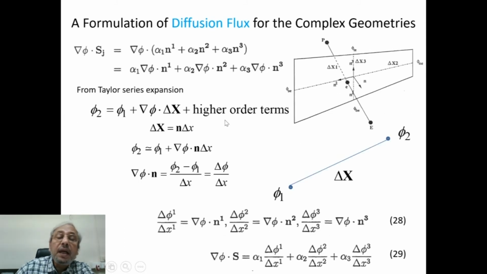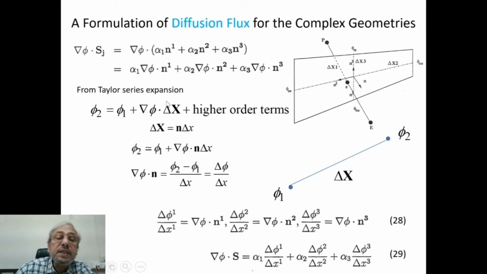And then as we were saying, at two different points we have different phi. The gradient of this phi we can write as phi 2 equal to phi 1 plus grad phi dot dx.